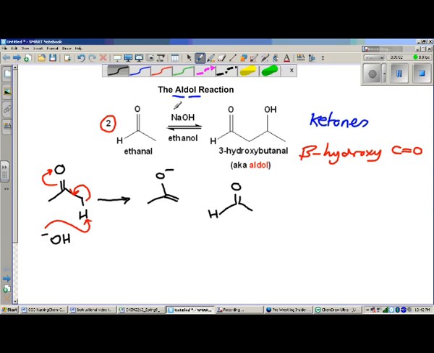So what we have here is this OH minus is really only added in a very small amount. Catalytic. You only need a tiny amount of it, basically, because as the reaction goes on, more and more gets generated.